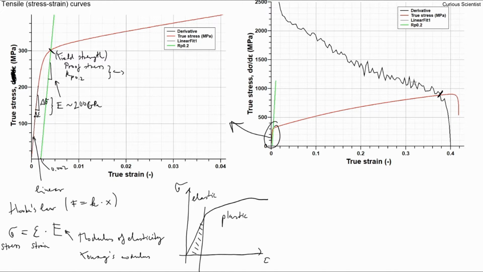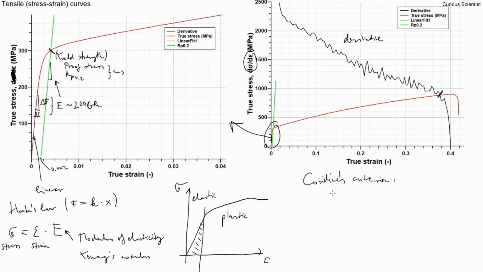Basically what we have here, this black curve, is the derivative of the tensile curve. And then what we have here, the intersection, is called the Considère criterion.